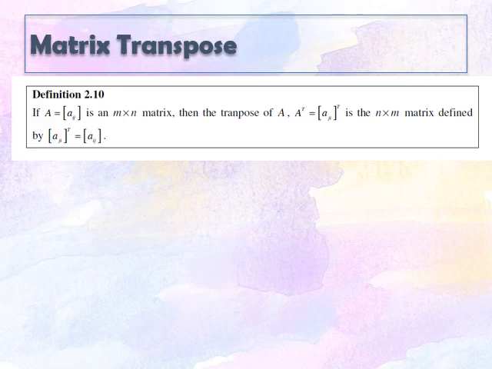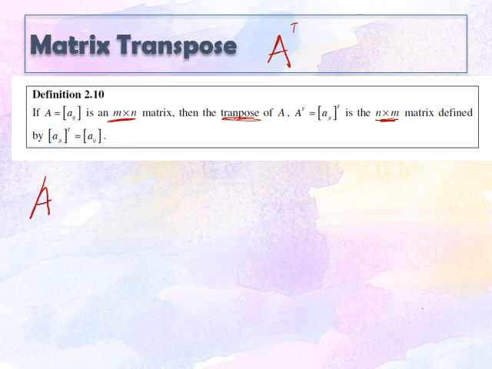Next is matrix transpose. If you have A of order m by n, meaning the rows are m and the columns are n, then the transpose of A, we write it as A transpose. We need to transpose every element, so the order changes to n by m.